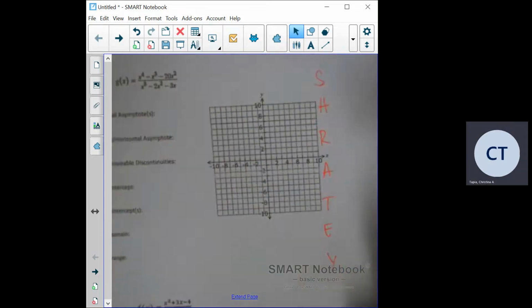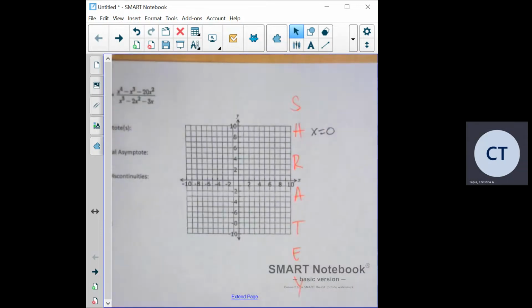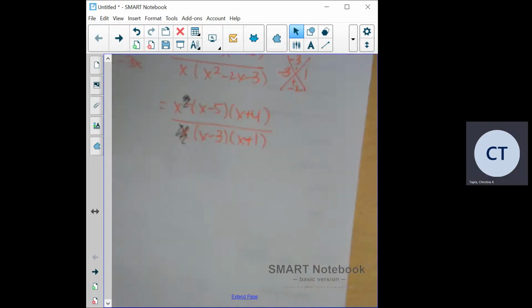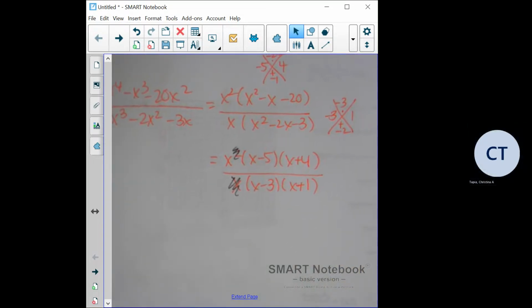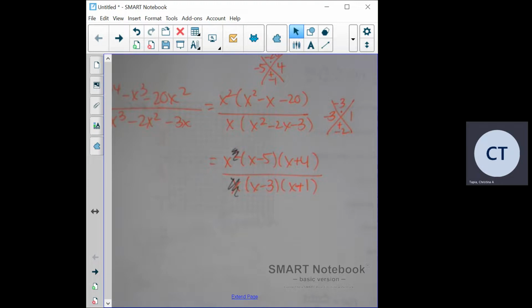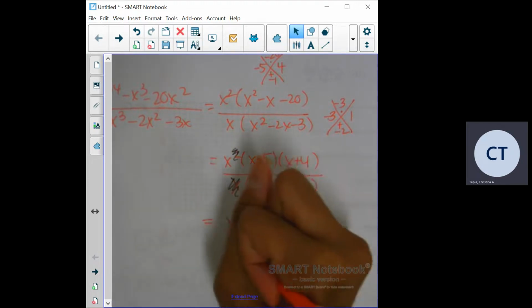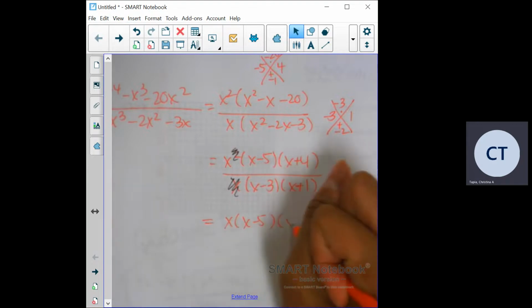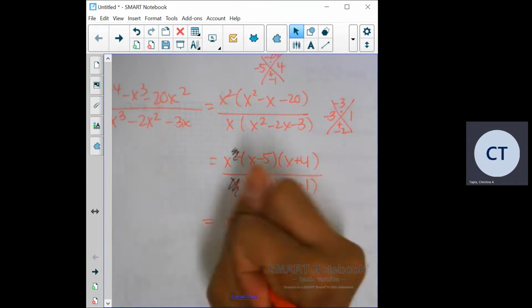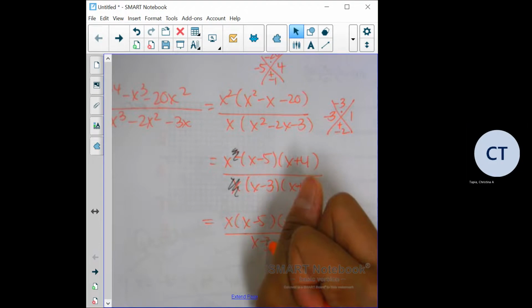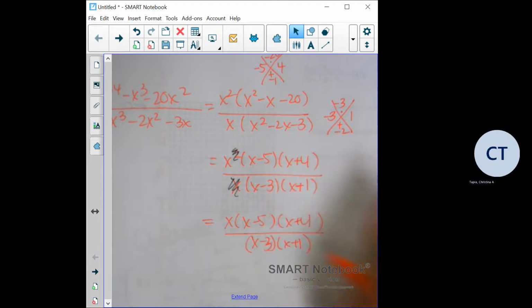So over here for the h part, I'm going to put x equals 0. Is there anything else I can cancel here? No. Okay. So on the front side of this page, I'm just going to rewrite what I have, which is really x times x minus 5, x plus 4, all over these two binomials.